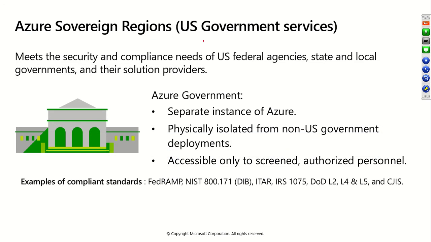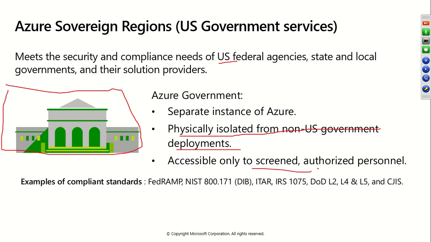Azure sovereign regions. Azure creates some data centers dedicated to certain governments. We have the example of the US government, and the one for the US government is only meant for US government agencies alone. It is isolated from anybody who is not working with the US government, and access to that data center is only granted to anyone who has been screened and authorized.